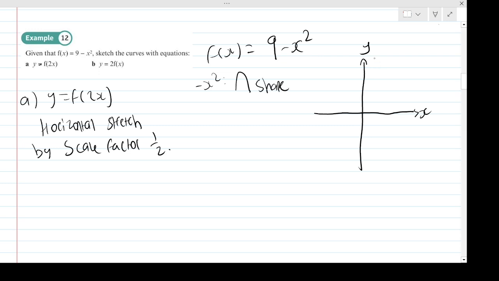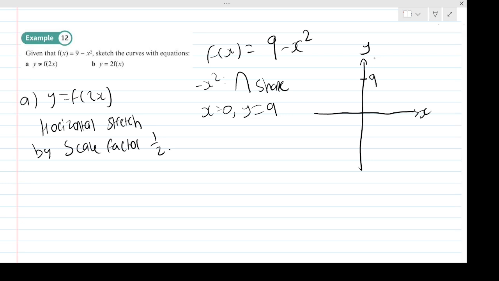Then next, we plot our information on our axes, so our y-intercept and our roots. Firstly, the y-intercept is when x is 0. So y would be 9, because 9 minus 0 is just 9. So it's going to be up here somewhere, okay?